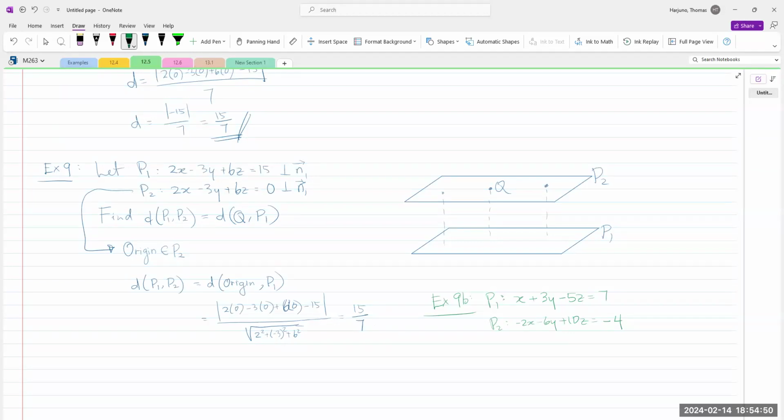Notice that the normal vector for the first one is 1, 3, negative 5, and the normal vector for the second plane is parallel. Notice that n2 is negative 2 times n1, so n1 is parallel to n2.